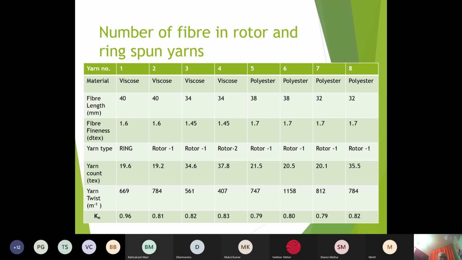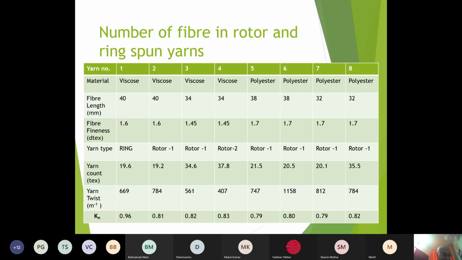Because you see, in my entire course my approach will be that I will never say that the strength of the yarn has increased due to increase of draft or spindle speed or rotor speed or roller setting and all. No, I will always say that these machine parameters are changing the structure of the fiber, the structure of the yarn, and the change in structure is bringing the change in yarn properties.